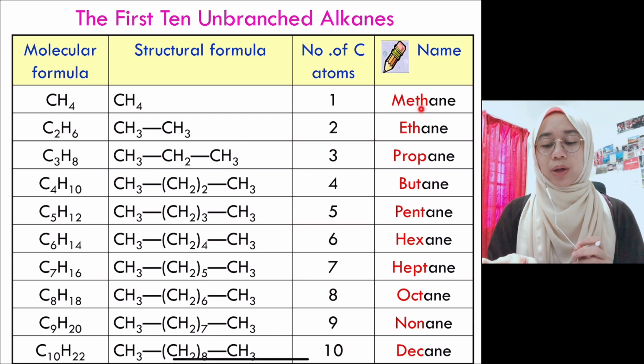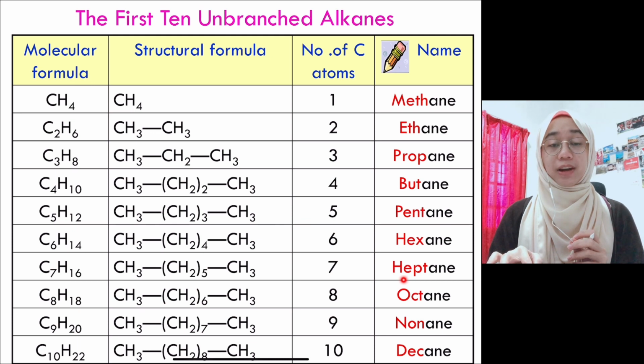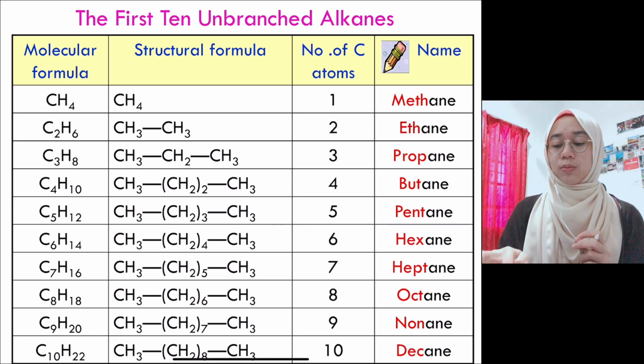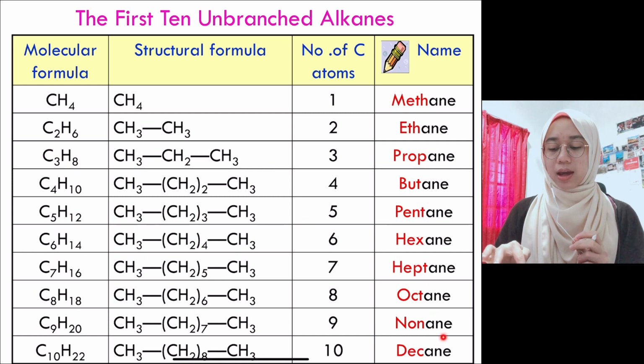If there's only one carbon, the front part is meth, and then we add the suffix at the end, therefore it becomes methane. Then eth for 2 carbons, prop for 3, but for 4, 5: but, pent, 6 hex, 7 hept, 8 oct, 9 non, and then 10 dec. And because it is an alkane, belakang sekali semuanya kita tambah the suffix "ane".